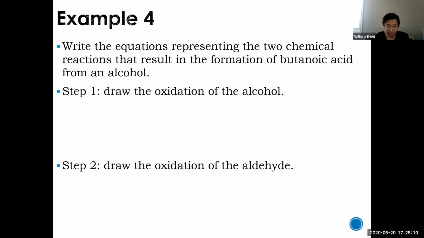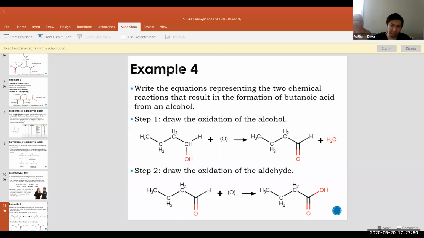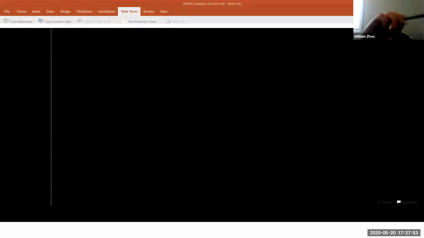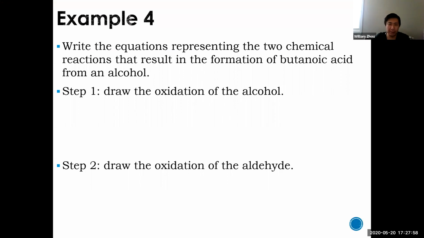So the question wants the structure of the alcohol that is... all right. So the first step, you have to realize that this is making butanoic acid, which has 4 carbons.